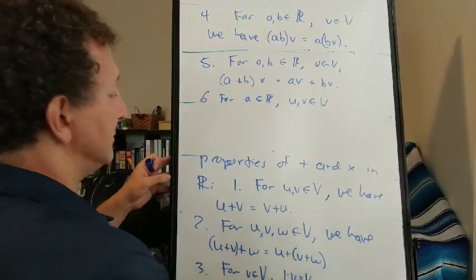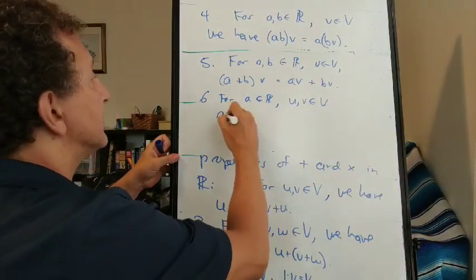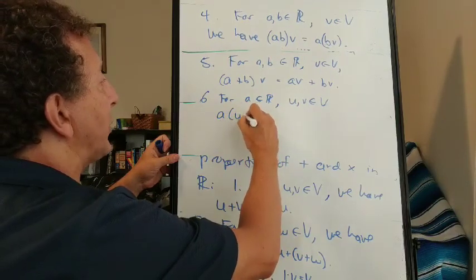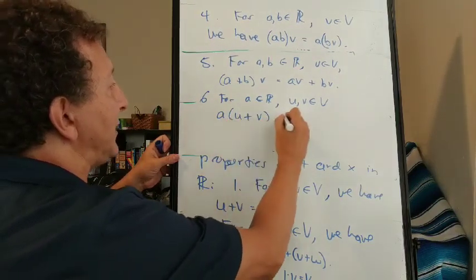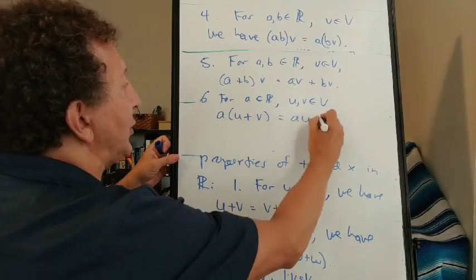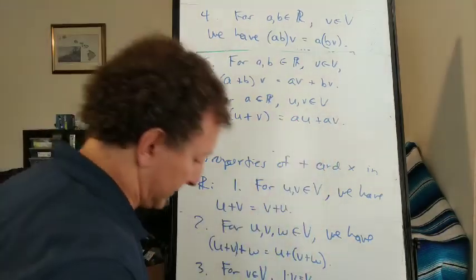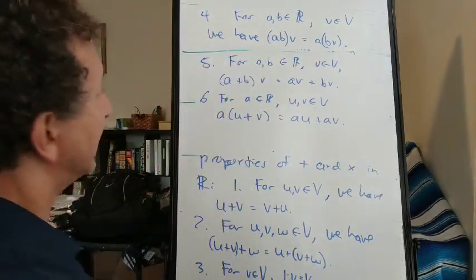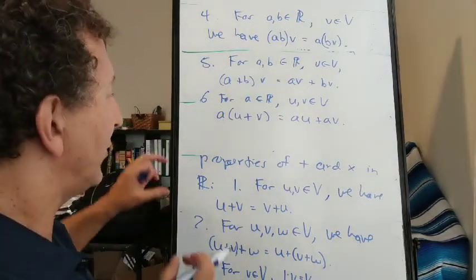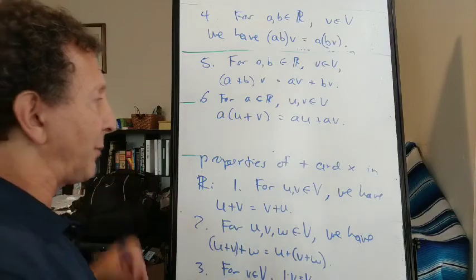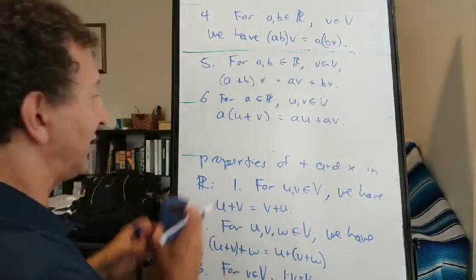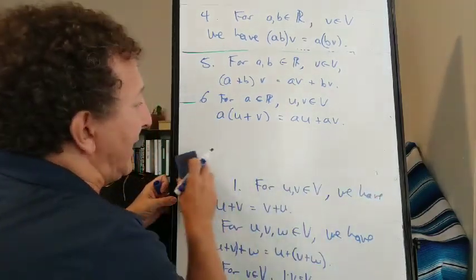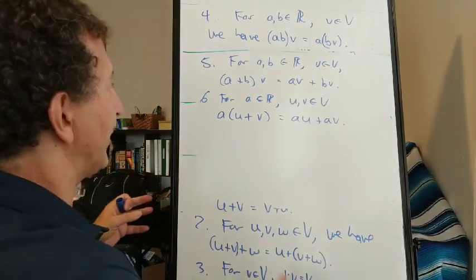The scalar multiplication of a on u plus v is the same as au plus av. So we satisfy these sort of expected properties of addition and multiplication in the real numbers, and 4 more important properties.